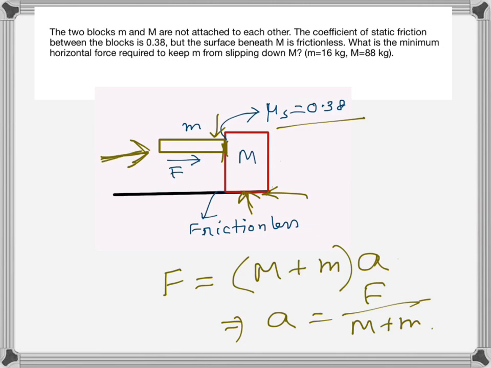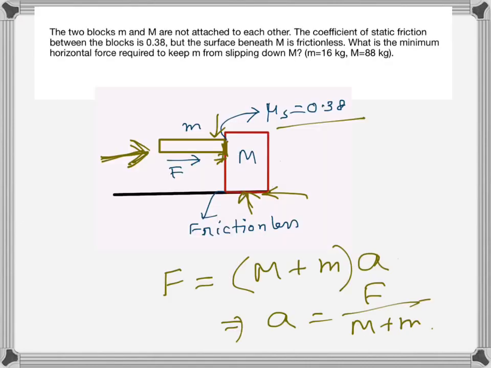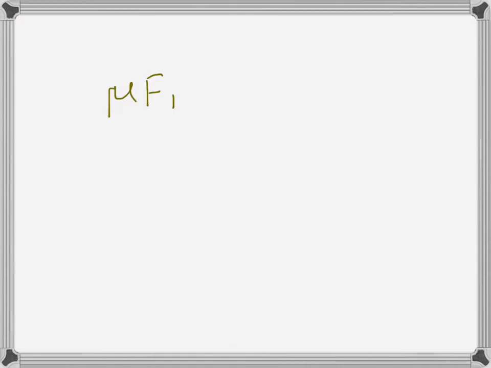The horizontal force that's applied, a portion of that will act as the normal force that will cause the frictional force. If we say that force is F1, then the friction is mu F1. For the smaller mass to not slip down along the larger mass, mu F1 will equal mg.